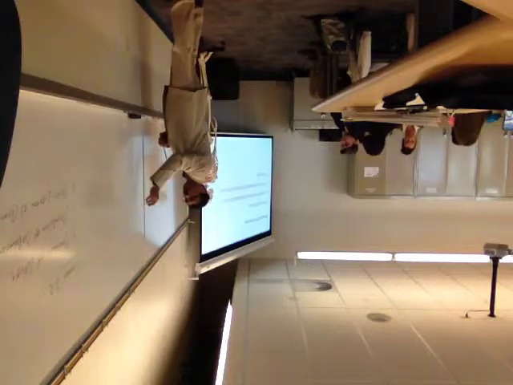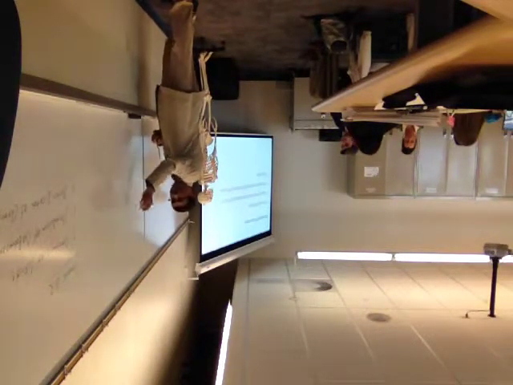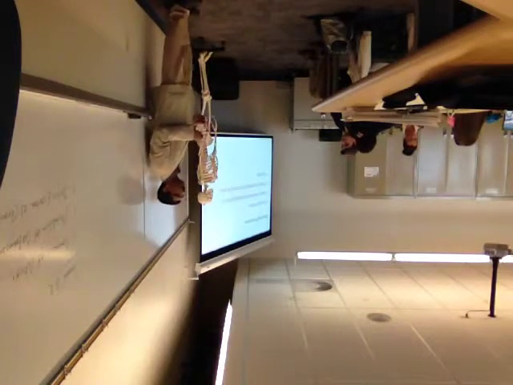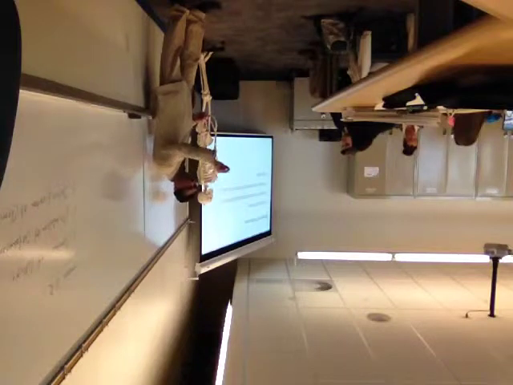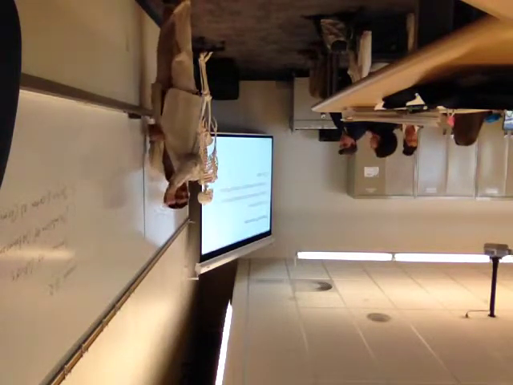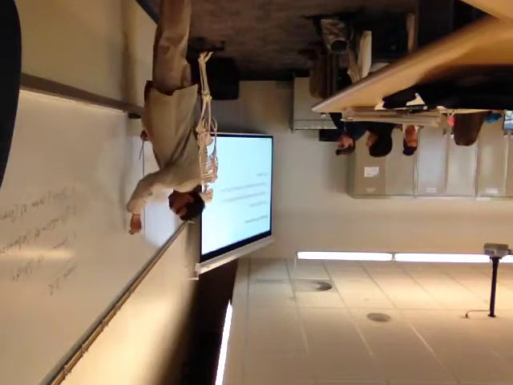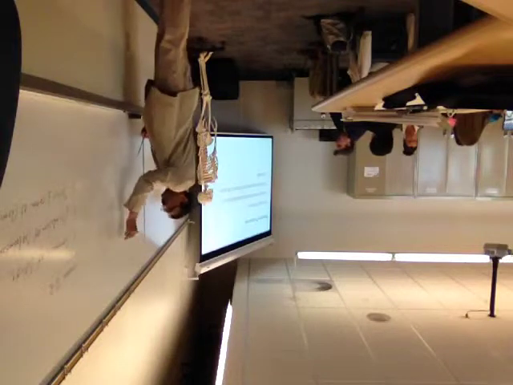So when glucose will move from high to low, that is solute is moving from high to low, that is called what? Simple diffusion, right? The solute is moving from high to low. And water is moving from low to high, and this is called osmosis. Okay, osmosis.